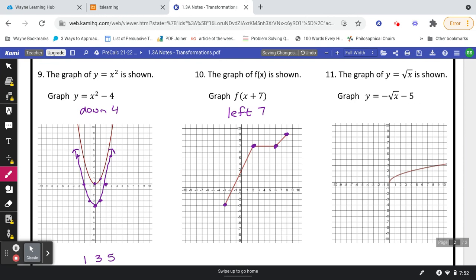And just shift each of those points over 7 places. And then from there, you can just connect the dots, make that same shape.